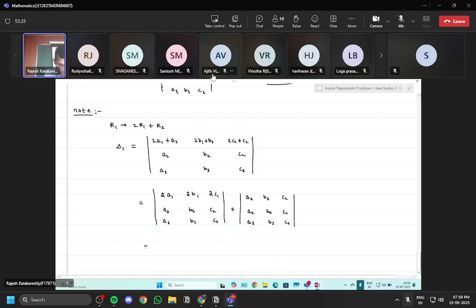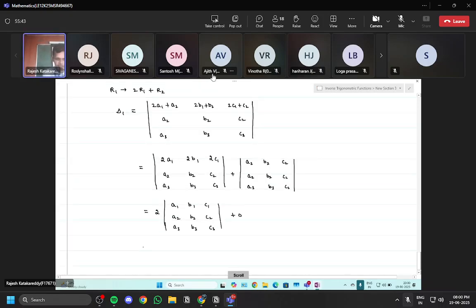For the second, from the first determinant, let us take 2 common from row 1. The determinant we got is 2 times the actual one.